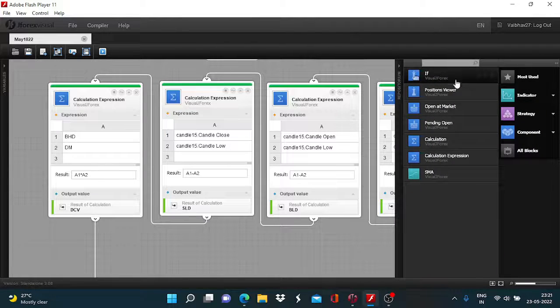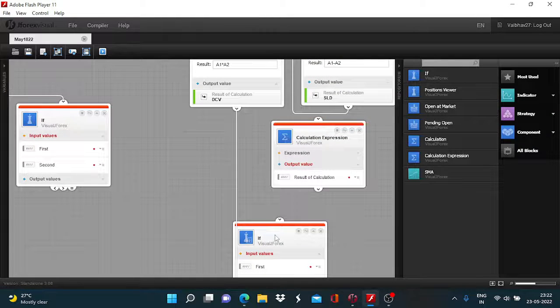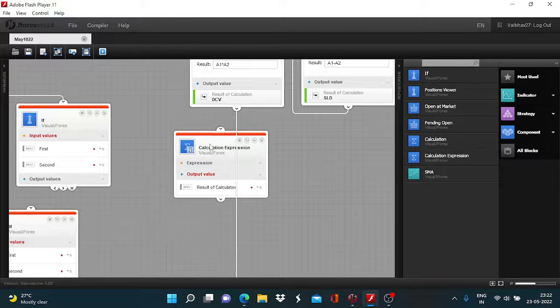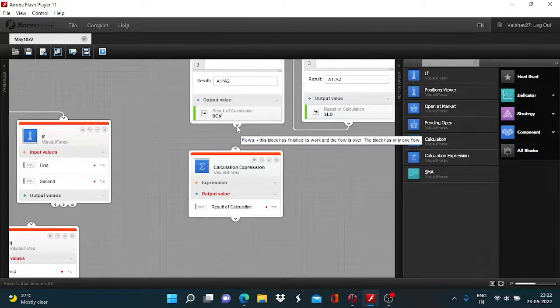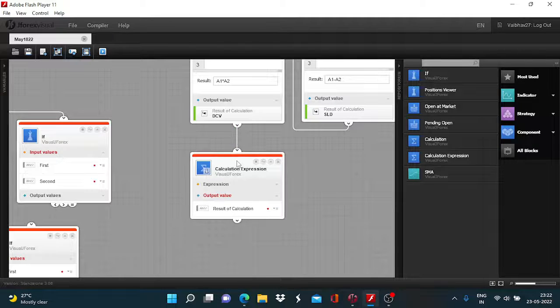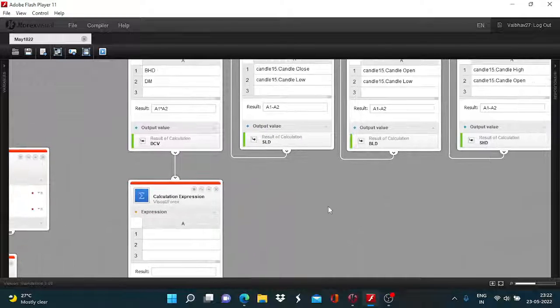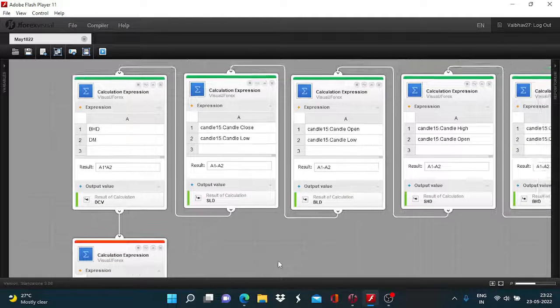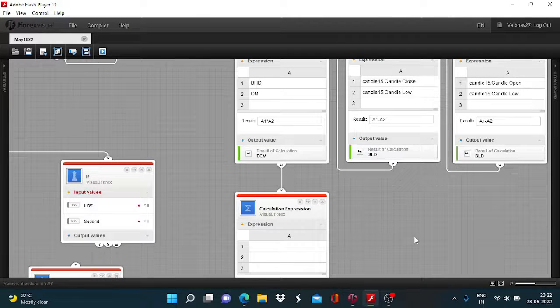So I need to bring in the calculation expression, which I will add just below this. We need to disconnect the prior iteration flow. So I will take candle 15 candle close and candle 15 candle low.